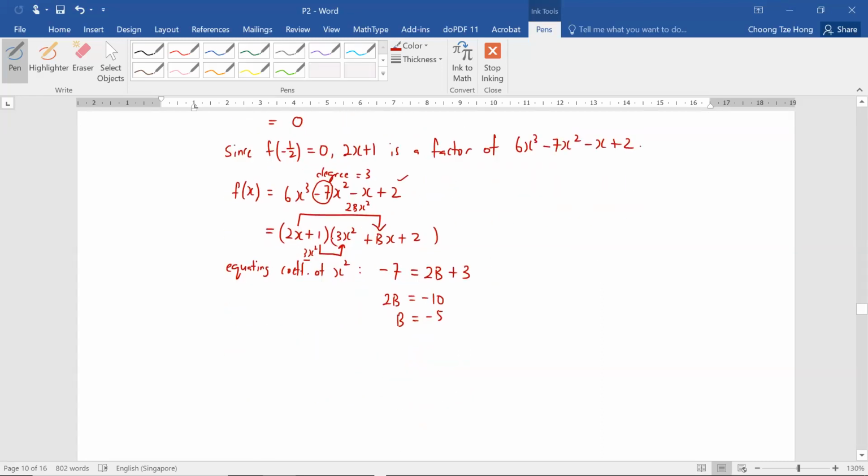Now that we have found b equals negative 5, we can factorize the whole thing: 6x cubed minus 7x squared minus x plus 2 equals 2x plus 1 times 3x squared minus 5x plus 2.